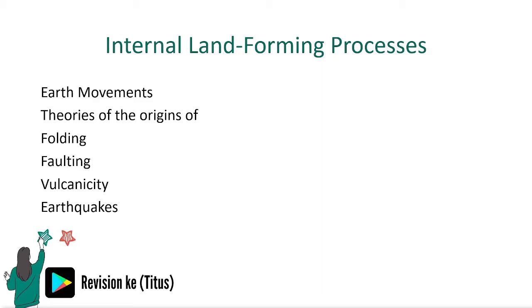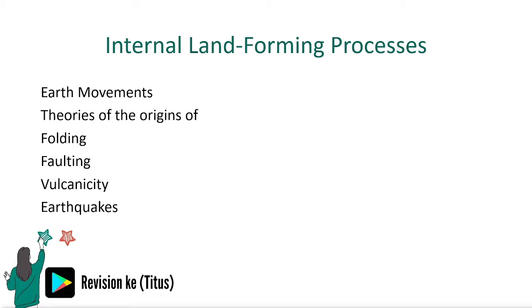All in all, at the end of this topic, we should be able to define earth movements, explain the causes of horizontal and vertical earth movements, explain the theories of continental drift and plate tectonics, define folding, faulting, volcanicity, and earthquakes, explain the process of folding, faulting, and volcanicity, describe types of faults and forms of volcanicity, explain features that result from faulting, folding, and volcanicity.